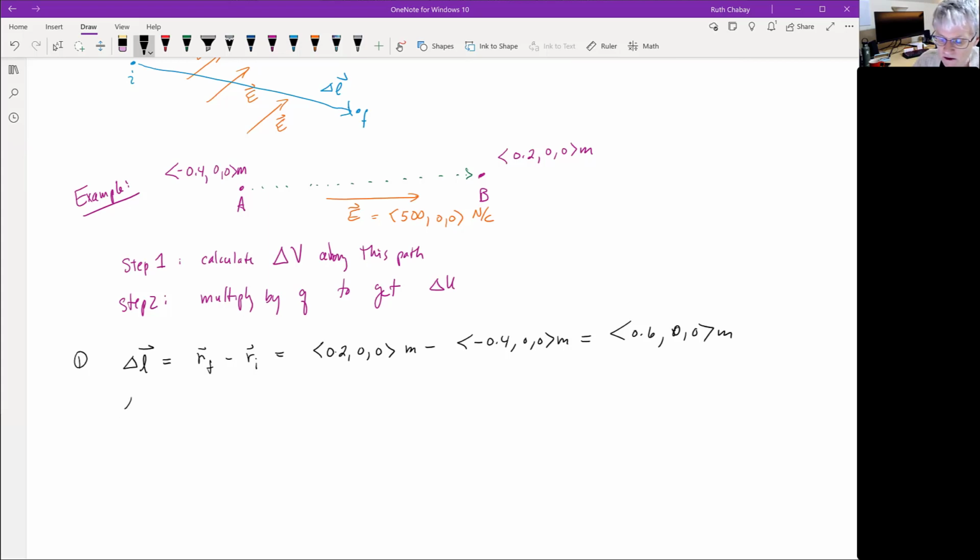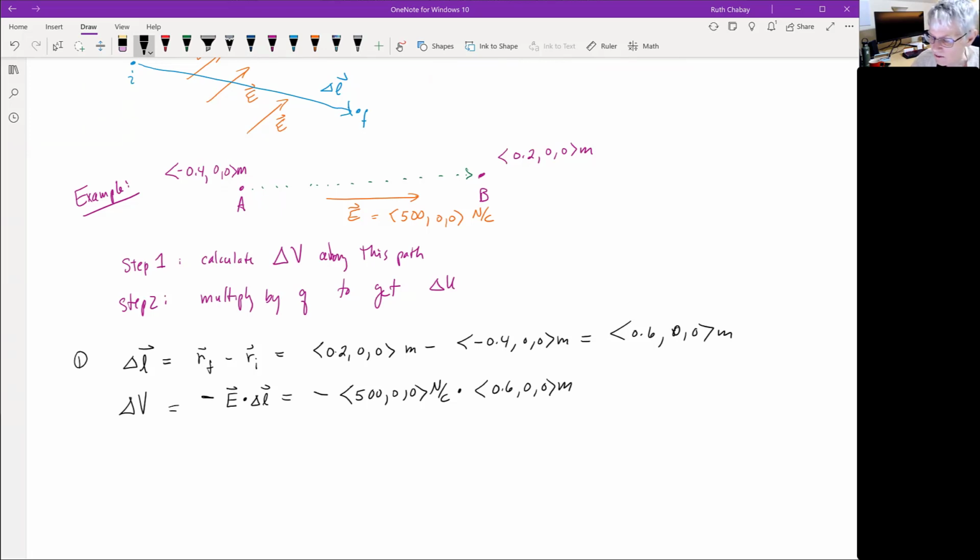Now we need the change in electric potential. That's a minus the dot product of the field times the displacement. So this is going to be a minus sign times 500 newtons per coulomb dotted into 0.600 meters.